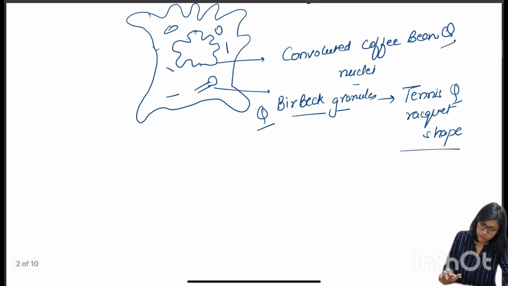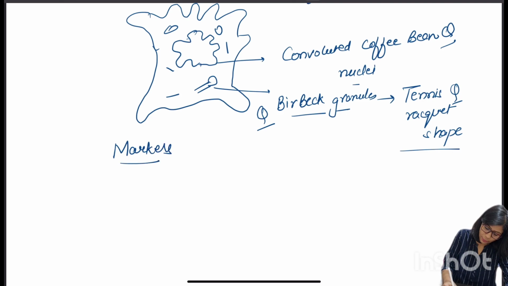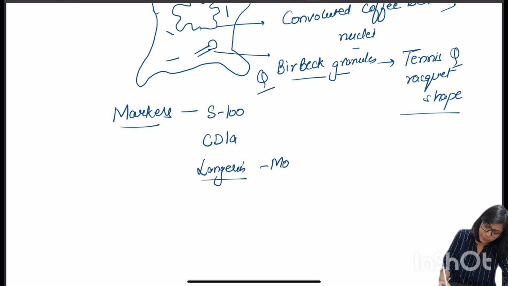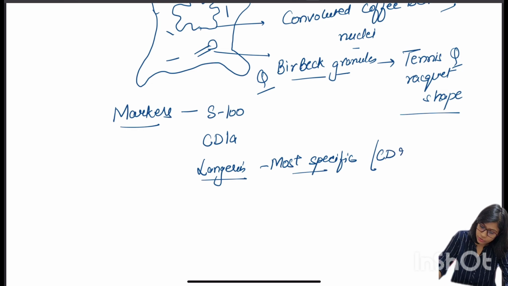Okay. So now, what are the markers which are associated with Langerhans cell? Here we have S100, CD1a, and we have Langerin. Langerin is the most specific marker, also known as CD207.